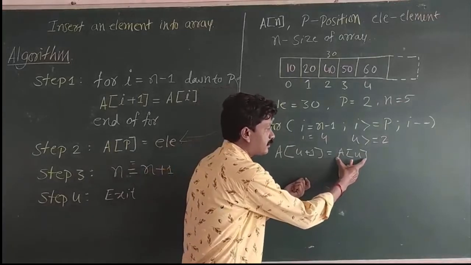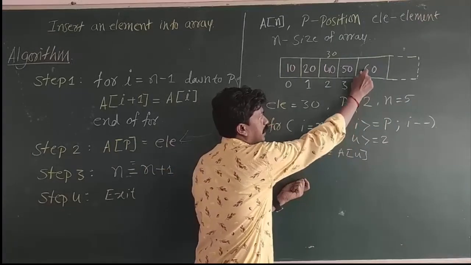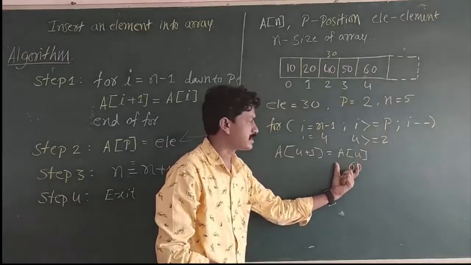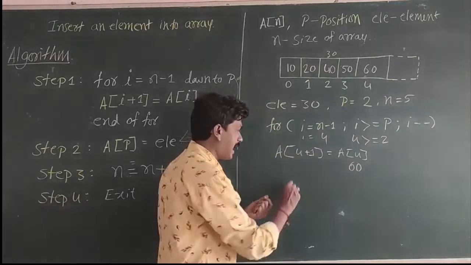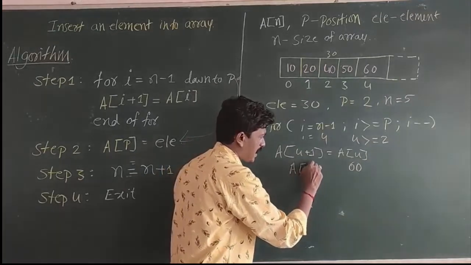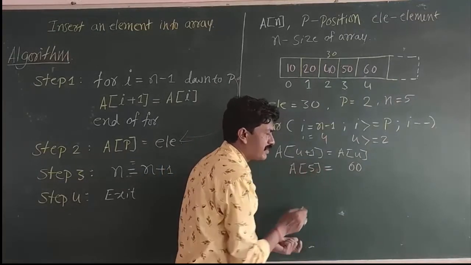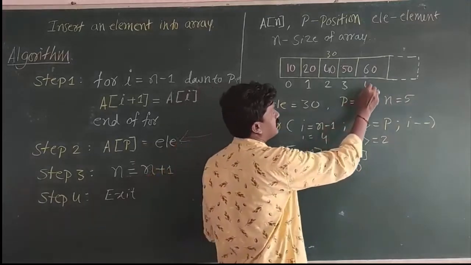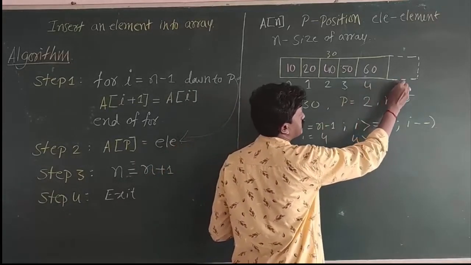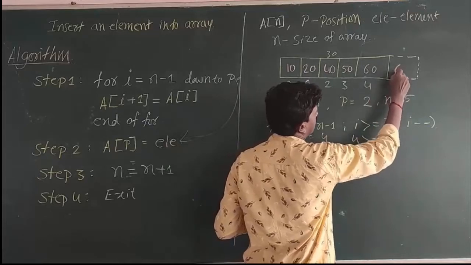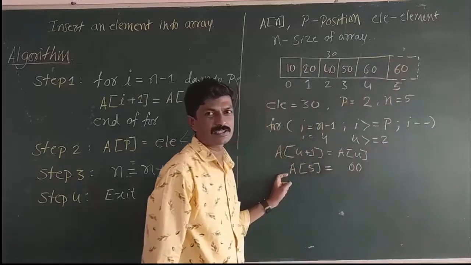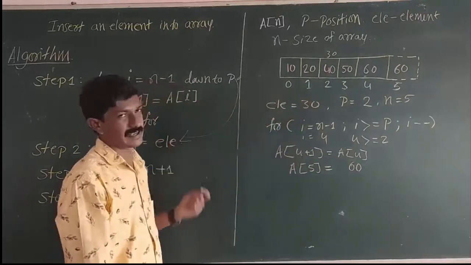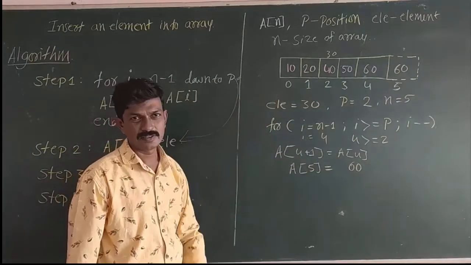Content of a of 4 is 60, and 60 is assigned to the a of 5 index. It means the content of index 4 is copied to index 5. This is the first iteration of execution of this statement.